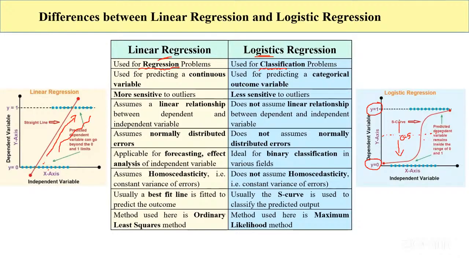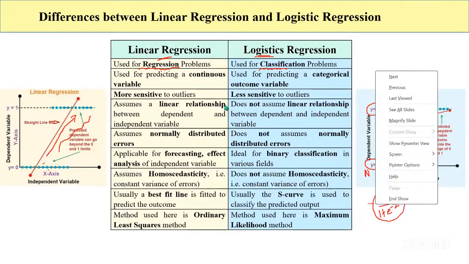If your calculation is coming to be more than 0.5, we'll consider it to be equal to 1. This is usually either yes or no. Once we see certain problems, I'll show how to calculate that 1 divided by 1 plus e power minus z in Excel as well as in Jamovi.